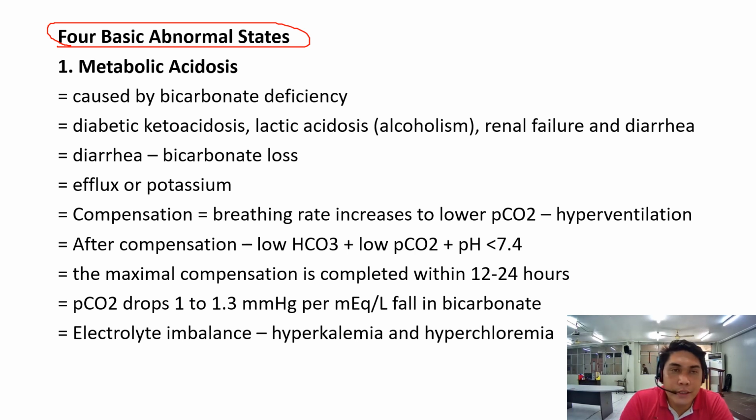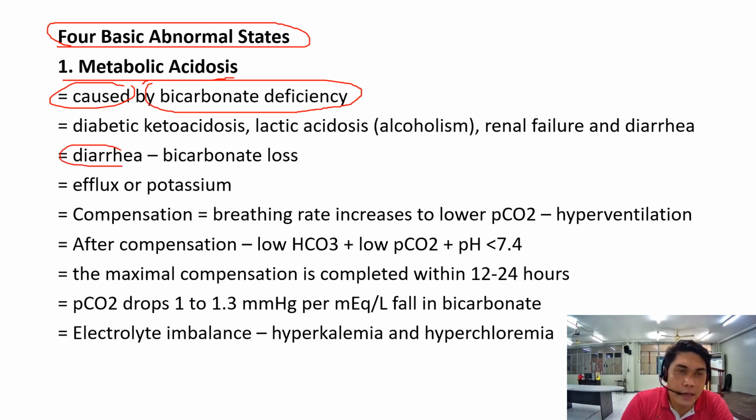Okay, so metabolic acidosis is caused by bicarbonate deficiency. What are the conditions associated with bicarbonate deficiency? For example, diarrhea, where there's bicarbonate loss. Another cause of metabolic acidosis is diabetic ketoacidosis, where you're producing a lot of ketones.